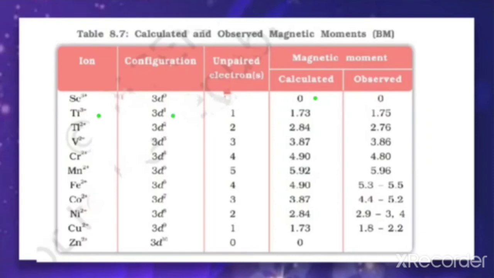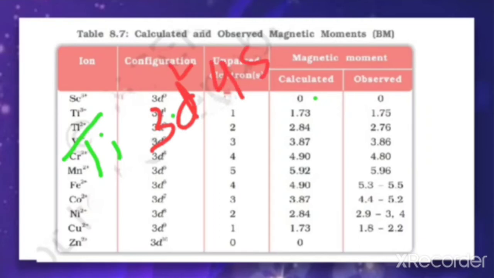How does it come to 3d1? Look at the configuration; its answer is there. Titanium, atomic number 22, has the configuration 3d2 4s2.